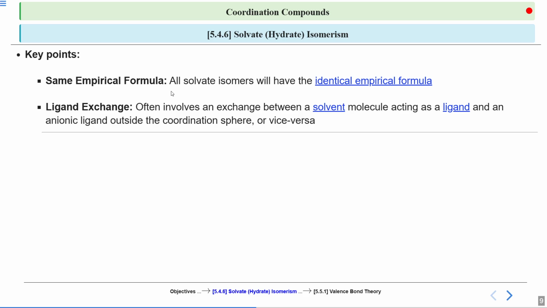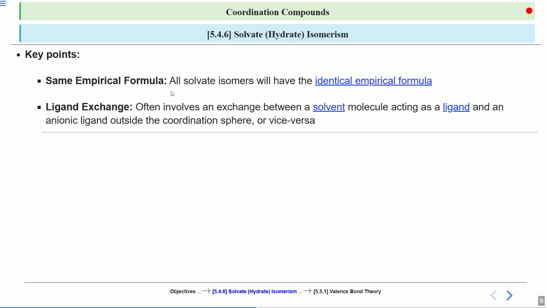First, all the solvate isomers are going to have the same identical empirical formula, and the second point is ligand exchange. That means it often involves an exchange between a solvent molecule which is acting as a ligand and an anionic ligand which is present outside of the coordination sphere, or vice versa, like an ionic ligand exchanging with the solvent molecule present as a ligand.